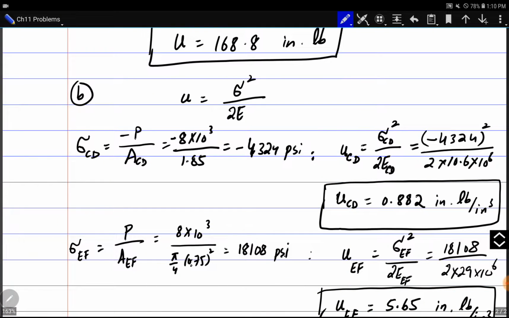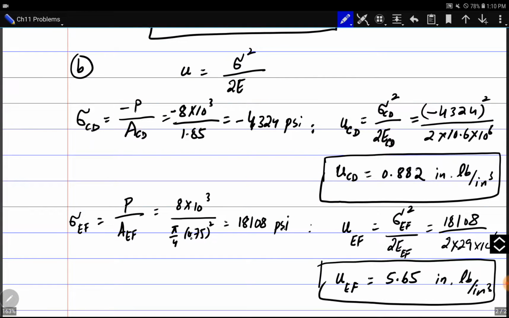In part B we were asked to find strain energy density, which is small u. Small u is equal to sigma square divided by 2E. So sigma for pipe CD and rod EF are different: P divided by ACD and P divided by AEF. For CD it is under compression, so it is negative. But in the next step it is sigma square, so the negative will become positive again.